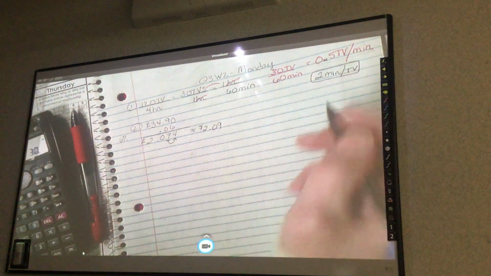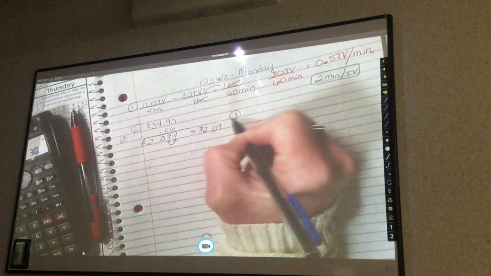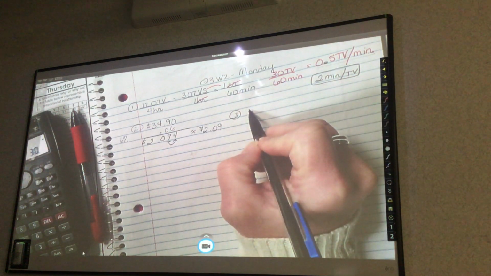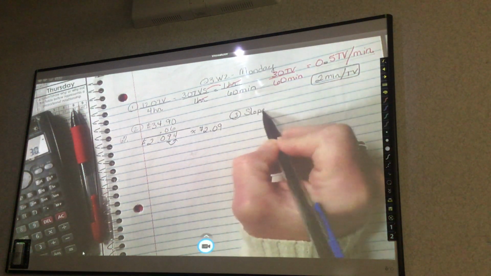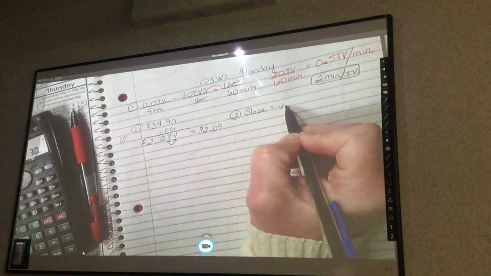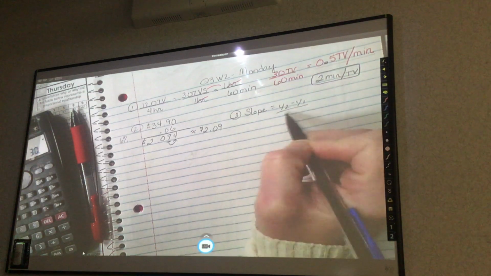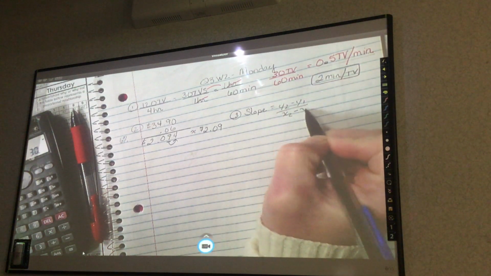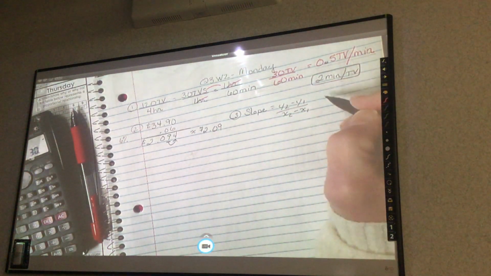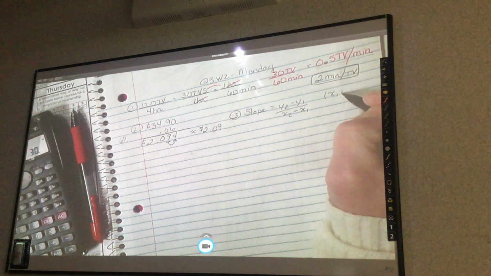Number 3, you needed to write what out? Slope equals y2 minus y1 over x2 minus x1. You should always remember that it's x comma y, right?